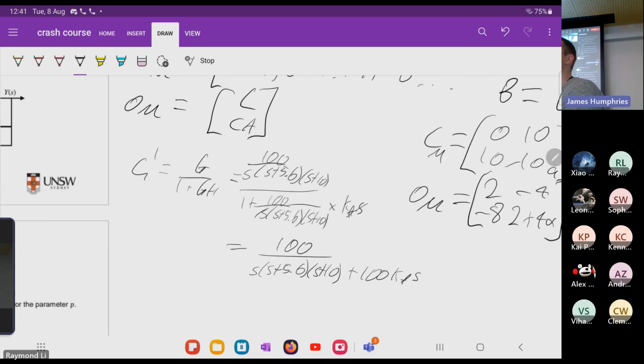Because we just multiplied the top and bottom by that S of S plus 5.6, S plus 10.